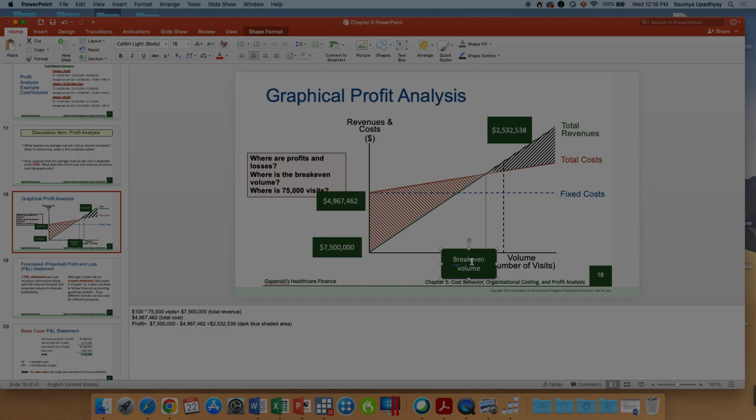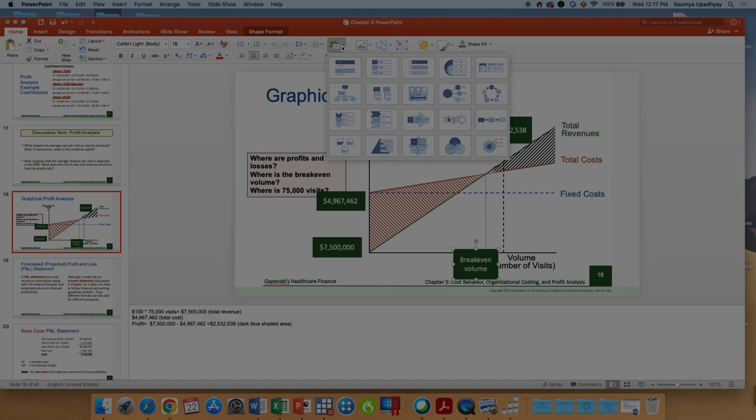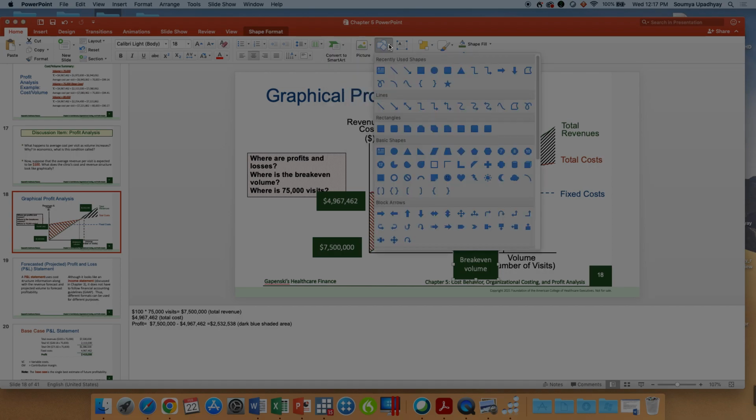This dotted line right here is the break even volume, and this is your actual number of visits at 75,000.